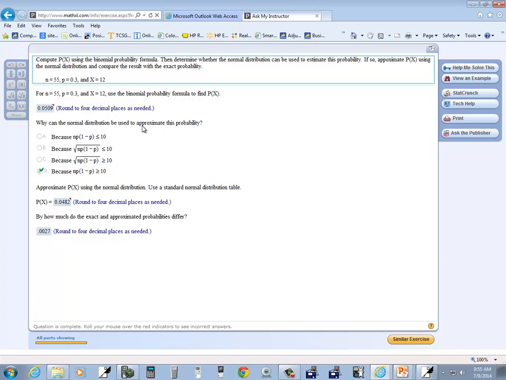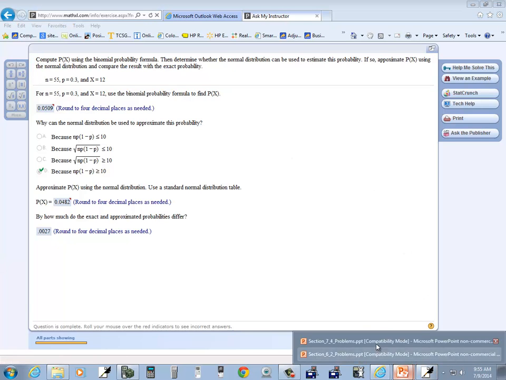Okay. And for this part, you just need to check whether n times p times 1 minus p is greater than or equal to 10. So let's use the normal distribution to approximate this. This is section 7.4.